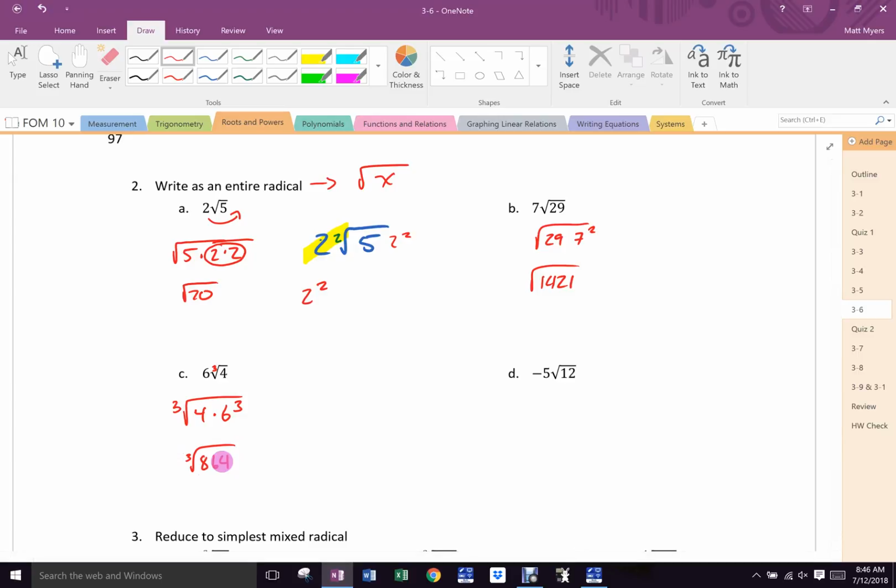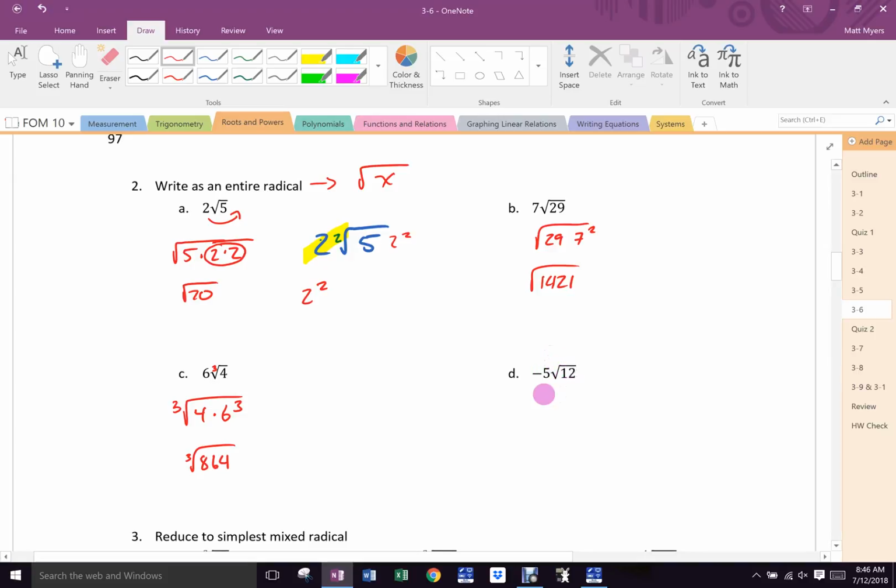Now look at D and think carefully. You already should have noticed that exponents and radicals are fairly closely related, yes? So this negative, it's there, but is it part of the 5? No, why not? There's no brackets.